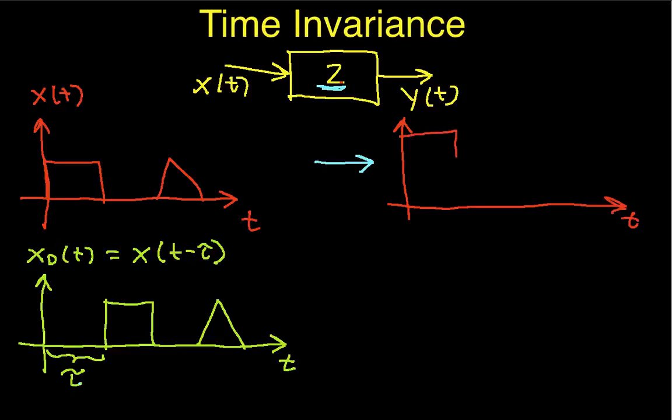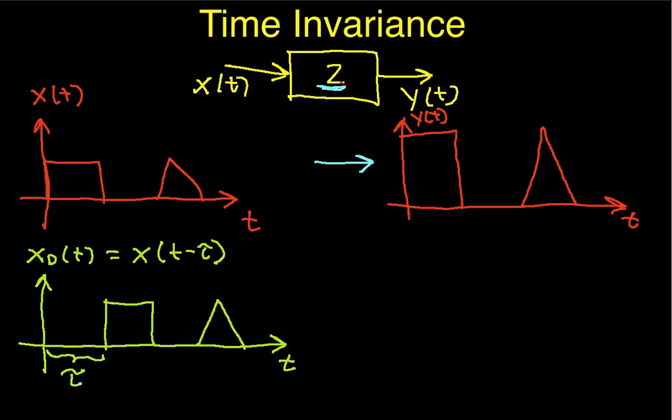This rectangular pulse is the same duration, but it gets taller in the sense that it has a higher amplitude. The triangular pulse is also the same duration, but it gets taller. Okay, so this is y of t. This is the output due to this input.